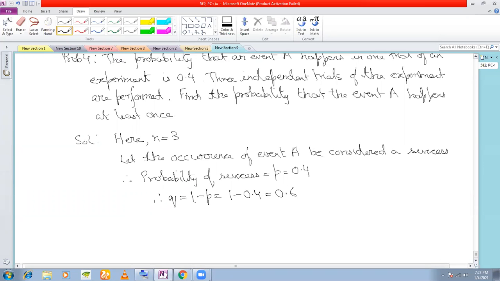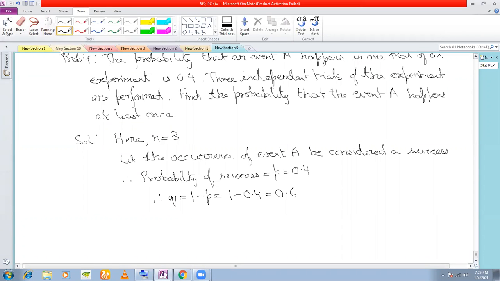You've got the values of P, Q, and n. Now we should decide what should be the value of r. Look at the question once again. Find the probability that the event A happens at least once. So in 3 trials, if the event A happens at least once, that means the event A will happen once or twice or thrice.